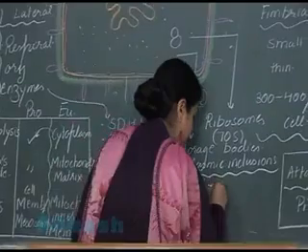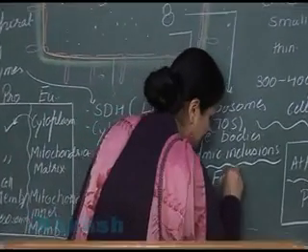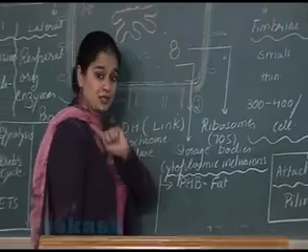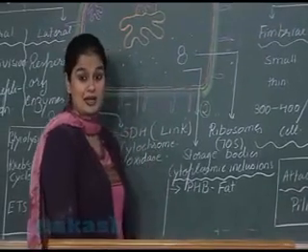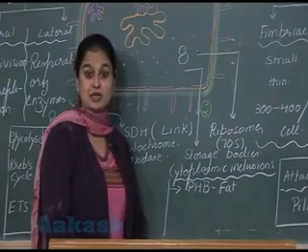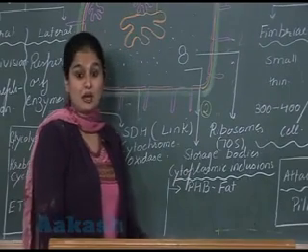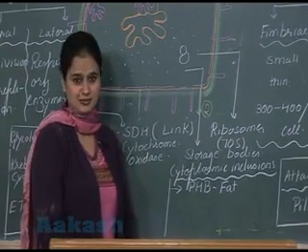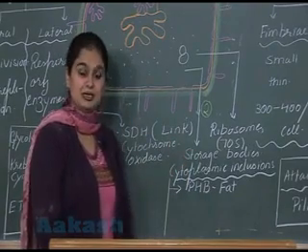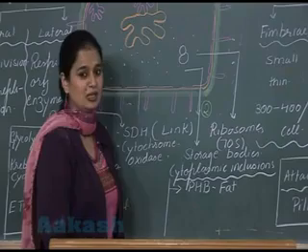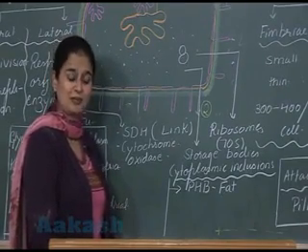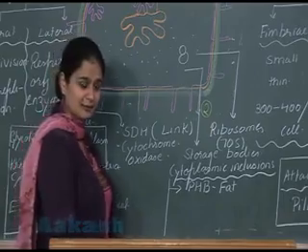Yes, this represents reserve food in the form of fat. And nowadays, this polyhydroxybutyrate is utilized for the formation of biodegradable plastic. So what is the full form? Polyhydroxybutyrate. What is the importance? Utilized for making biodegradable plastic.